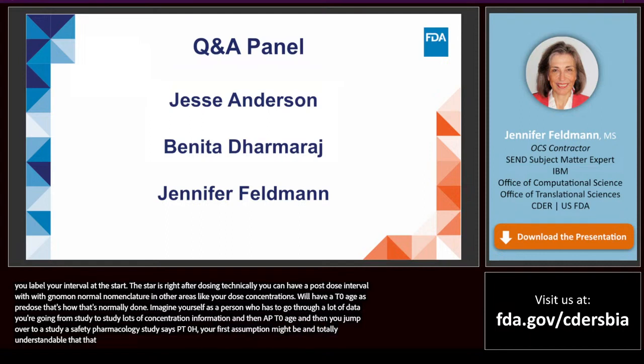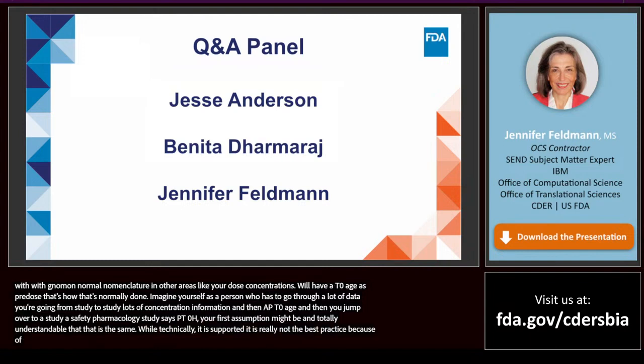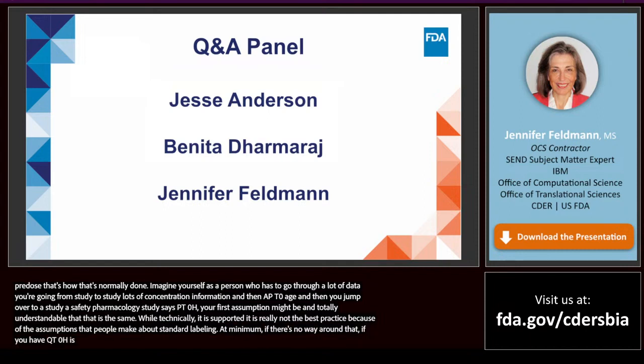So while technically it's supported, it's really not the best practice because of the assumptions that people make about standard labeling. And at minimum, if you have no way around that, making PT0H post-dose interval, please get it in the NSDRG. Be clear about what your labeling is.